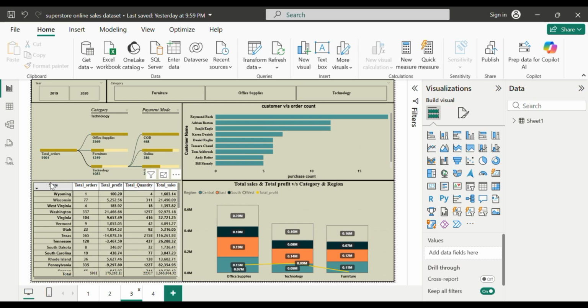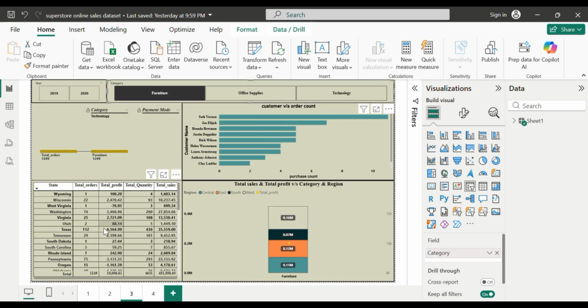Just see, it's state wise total profit, total orders, total quantity, total sales. State wise, furniture is going. This one gives orders with 100 rupees profit for quantity.